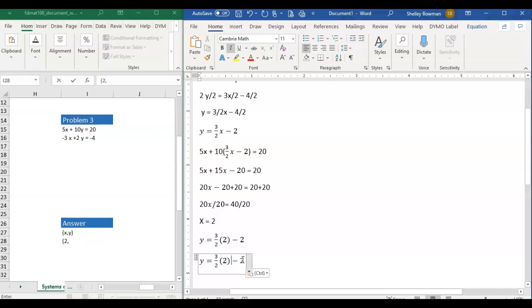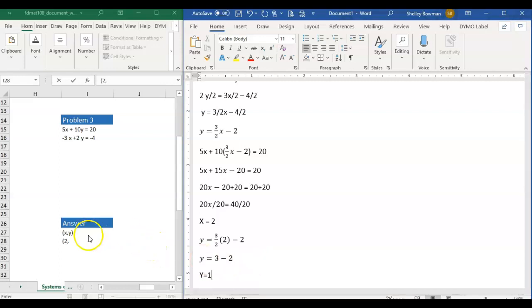So this all eliminates to be 3. 3 minus 2 gives me y equals 1. And I can finish up my ordered pair with a 1 and close the parenthesis, and I can say 1 solution. I can say that they intersect once. I have 2 lines that intersect at (2, 1), so this is the answer for this one.